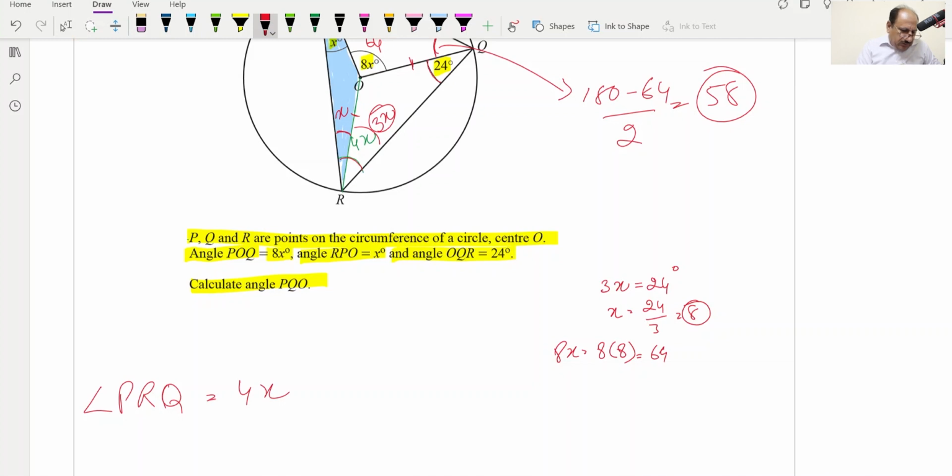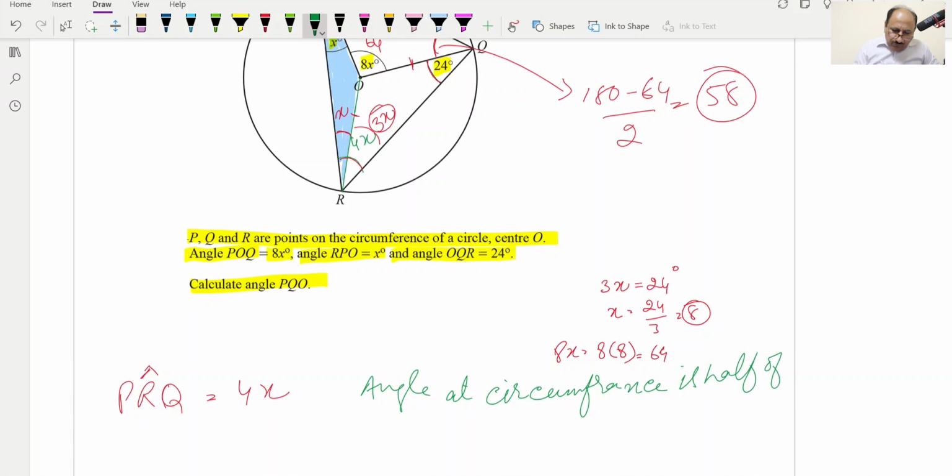We can write like this, or we can show the angle like this. So this is equal to 4x, and the reason is angle at circumference is half of the angle at center.